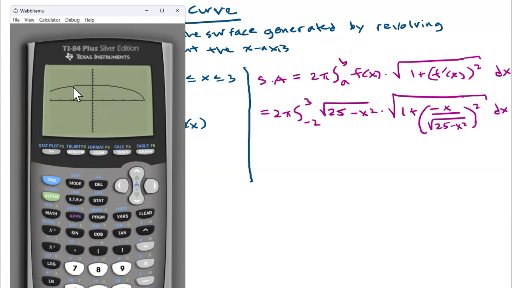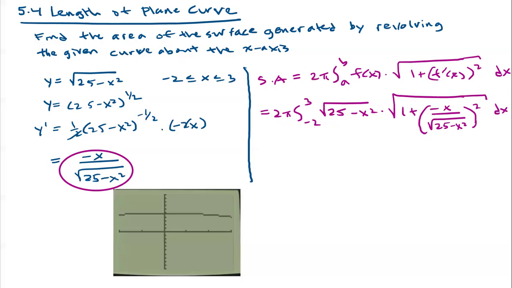So again, we get something like this, but we're going from -2 to +3, and we're just going to revolve that. Let me pause this for a second. I took a snapshot of the graphing calculator here. This is our graph of y equals the square root of 25 minus x squared.